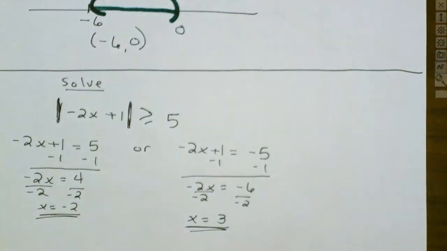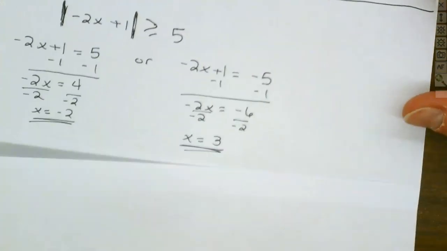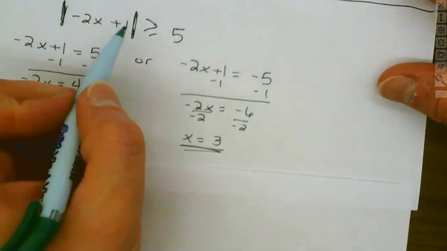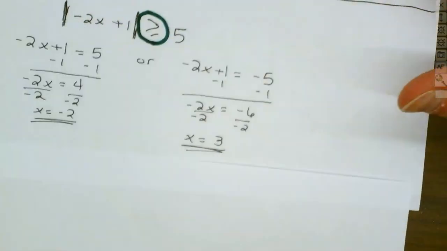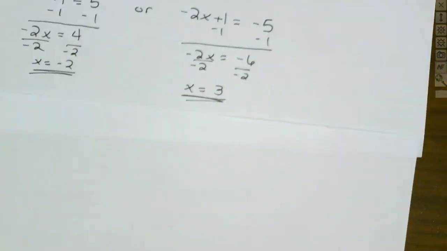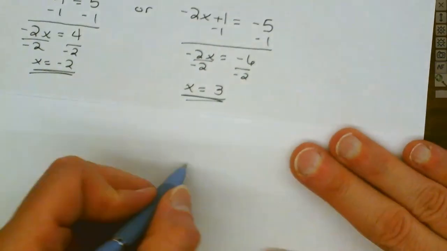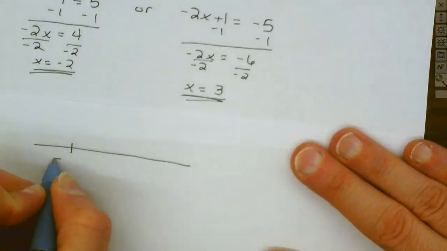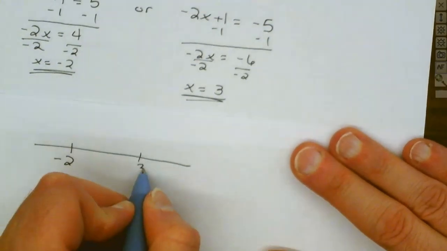Are we done yet? No, we are not. We need to finish this. I look at which way it points. Looks like it points to the right, so that means we're going to shade the right, the outer edges. Put them on the number line in the correct order: minus 2, positive 3.